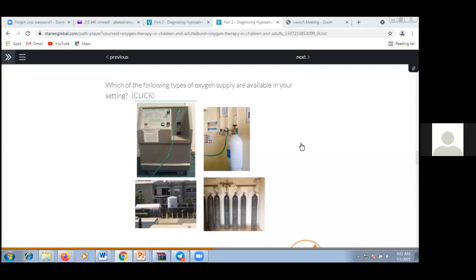Thank you, Dr. Mahalit. It's a good explanation of your setup. And as you said, most of our hospitals in Ethiopia lack high oxygen delivery sources like an oxygen plant or liquid oxygen, but most have oxygen concentrators and cylinders.